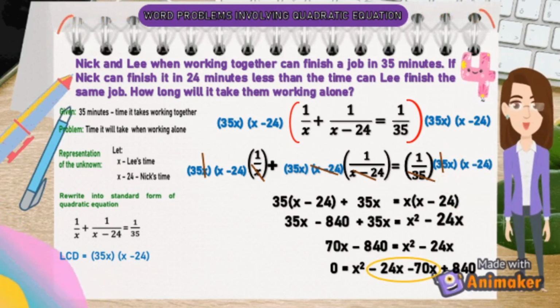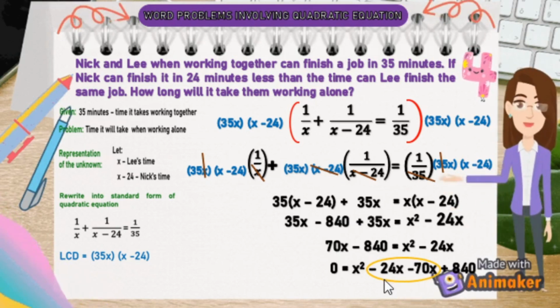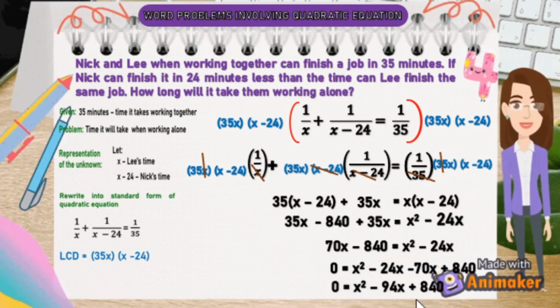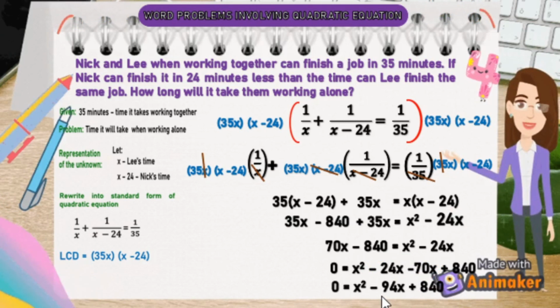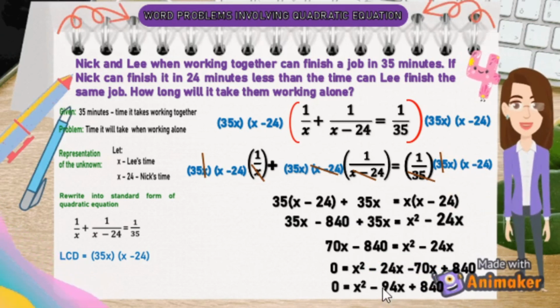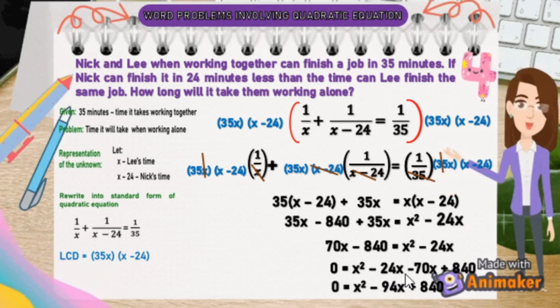So, anong similar terms dyan? Negative 24x and negative 70x. So, negative 24x minus 70x, magkakaroon tayo ng negative 94x. Ang negative 94x ay galing sa negative 24x minus 70x.